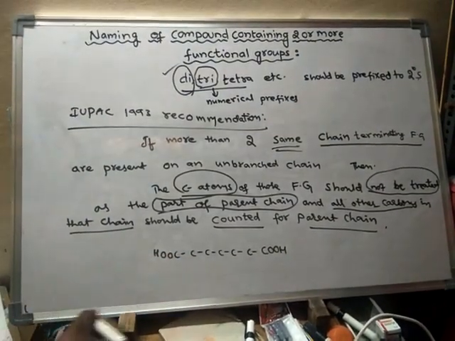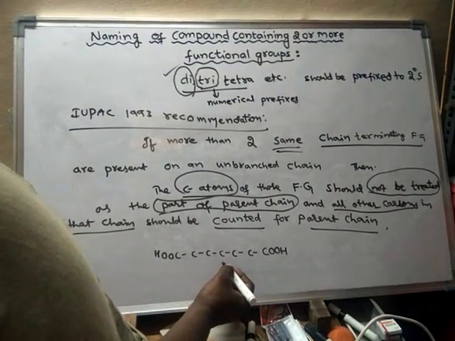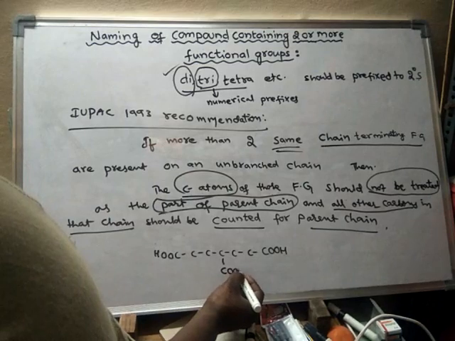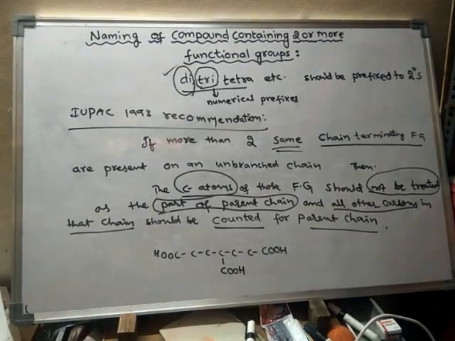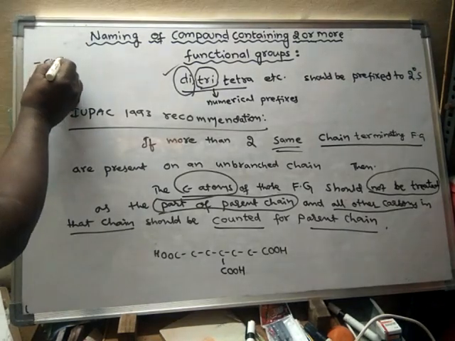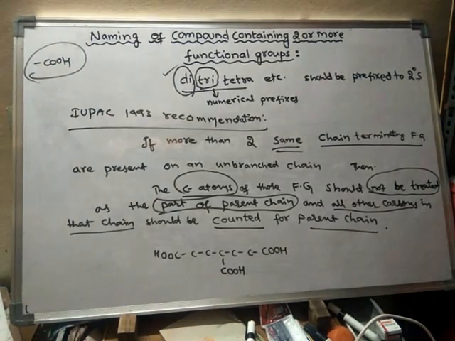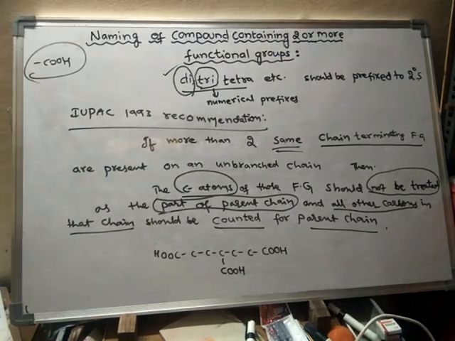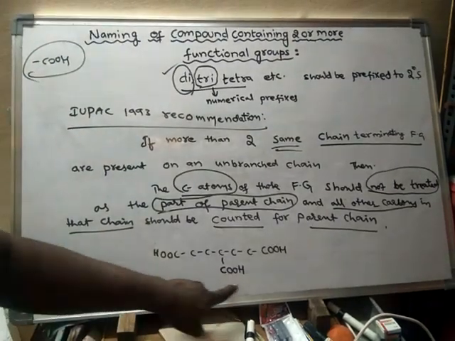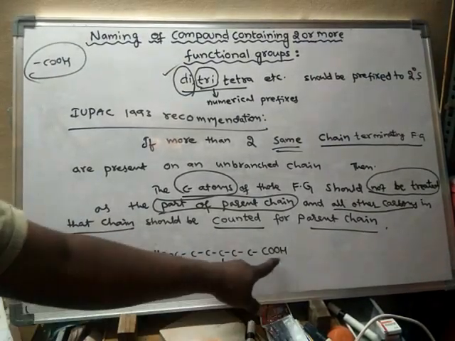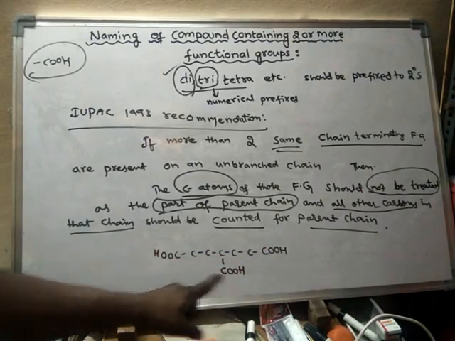See, COOH is a chain terminating functional group, carboxylic acid. This chain terminating functional group is present more than two times. Here it is three times.